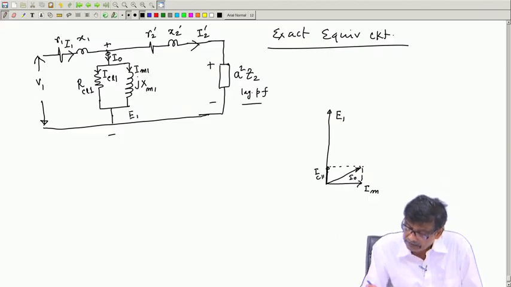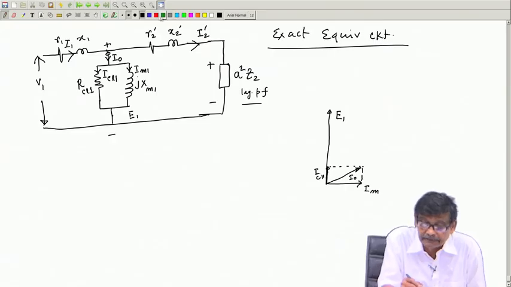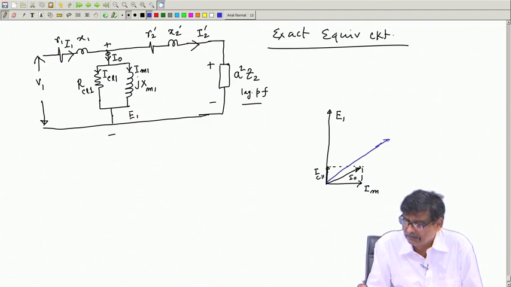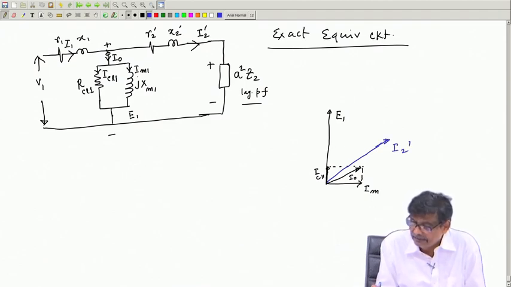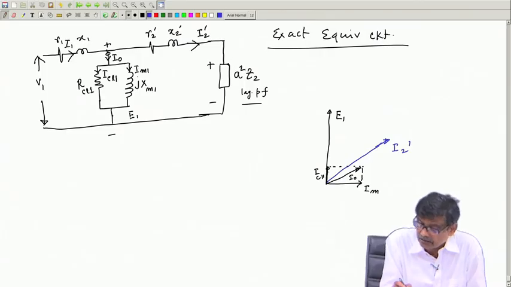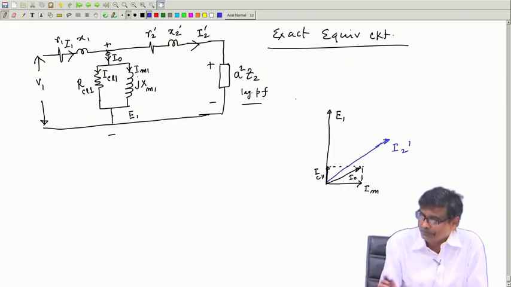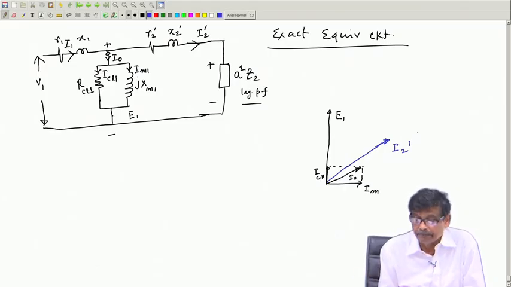So, I2 dashed will be somewhere here. I will just give you the idea, so suppose this is I2 dashed. What is this angle? This angle is not the power factor angle of the load, it is the power factor angle of R2 dashed, X2 dashed, and S square Z2, whatever it is.